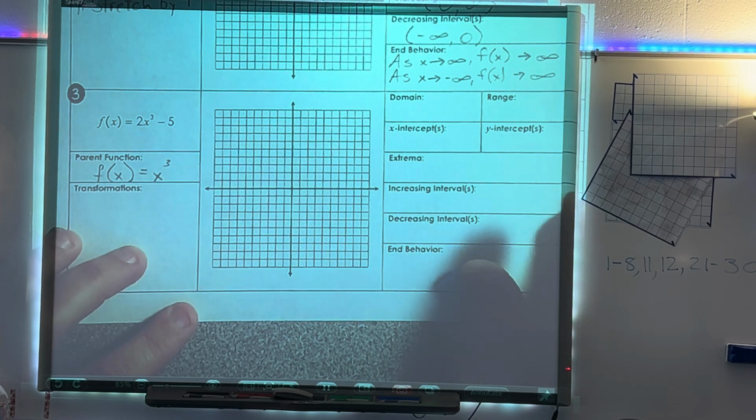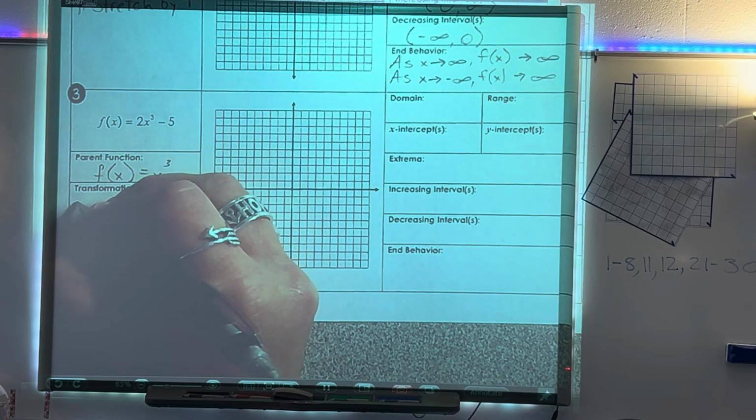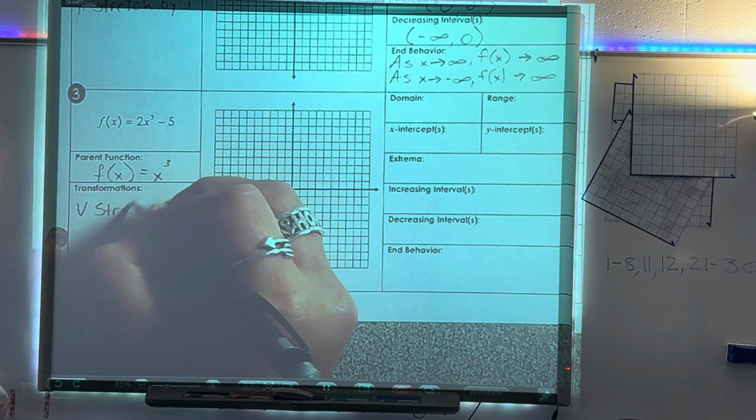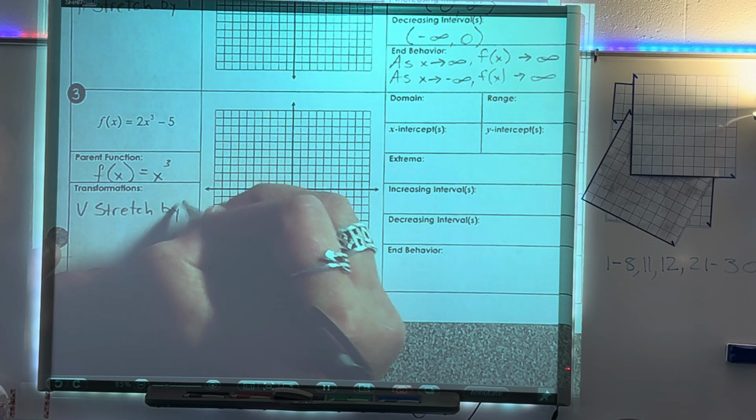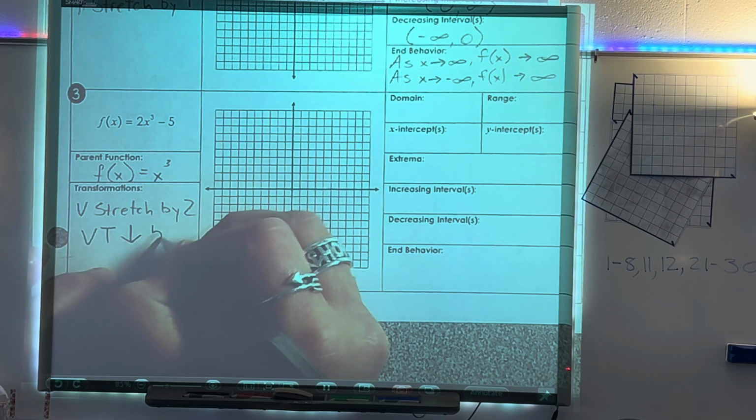This is the squiggly one. Alright, so transformations, I've got a stretch by 2, and down 5.